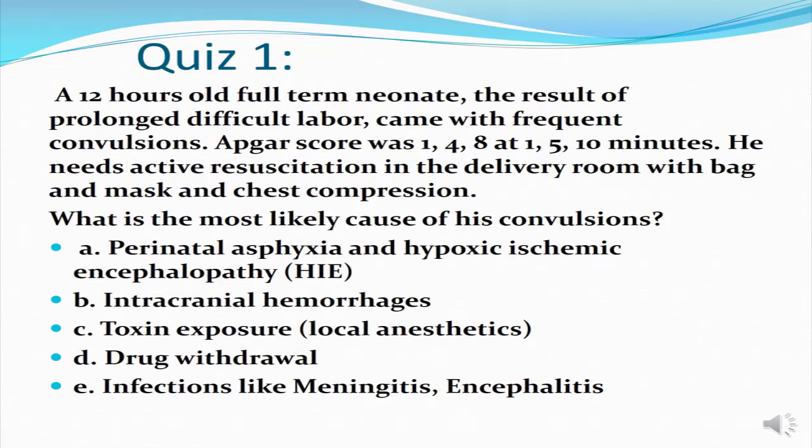What is the most likely cause of his convulsion? Is it perinatal asphyxia and hypoxic ischemic encephalopathy, or intracranial hemorrhage, or toxic exposure because of local anesthetic injection for episiotomy or for other reason, drug withdrawal, or infection like meningitis and encephalitis?